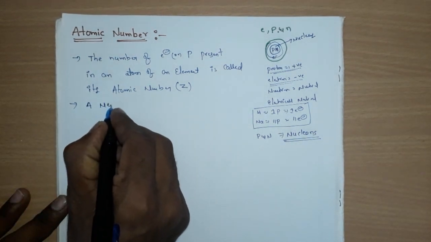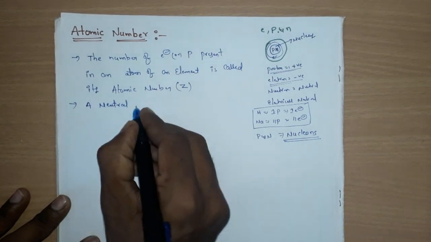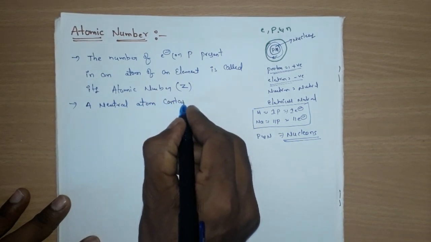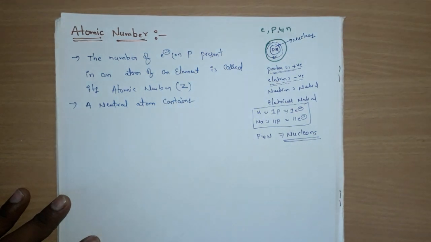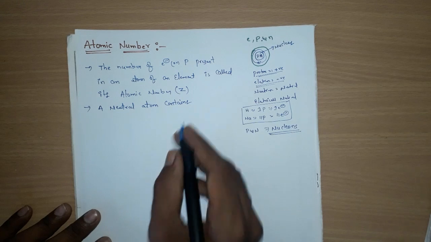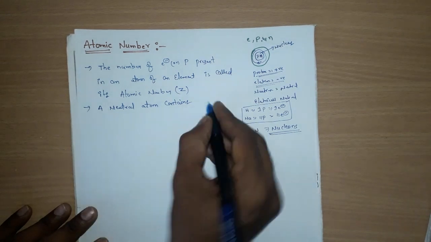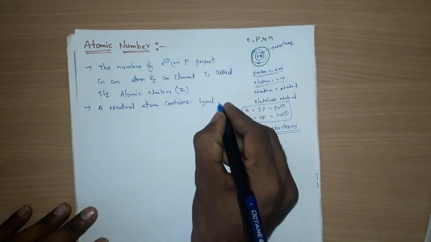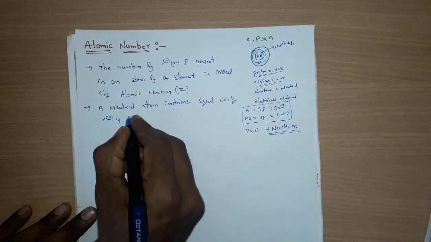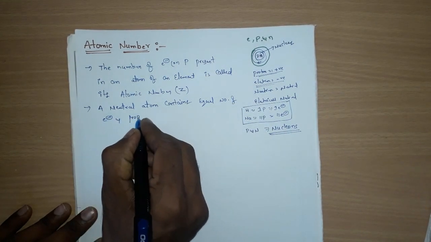a neutral atom contains an equal number of electrons and protons.